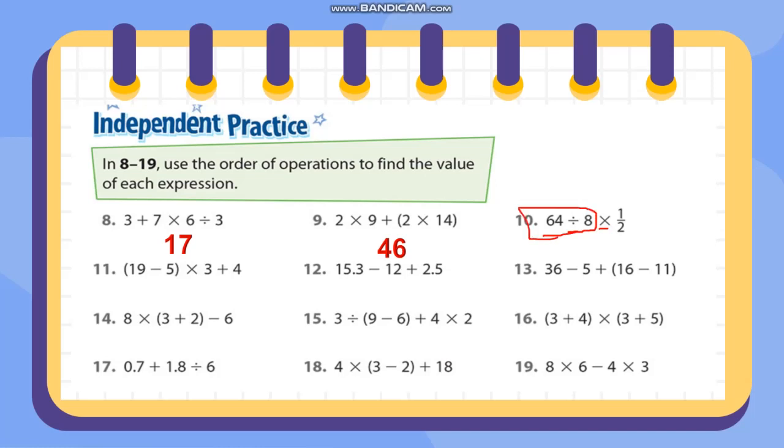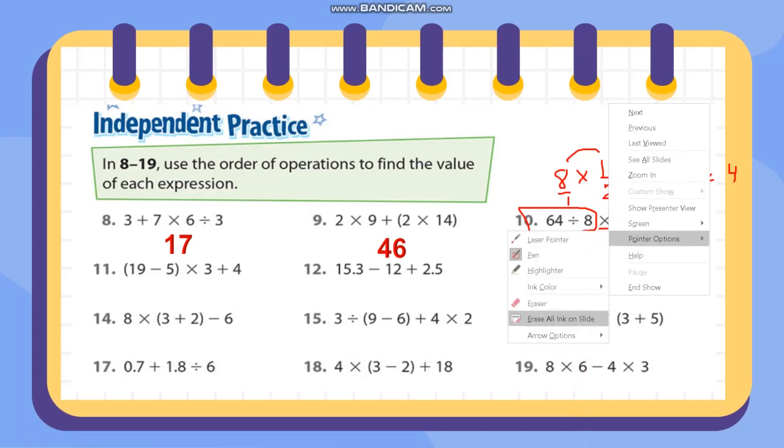So 64 divided by 8 is equivalent to 8. Then 8 multiplied by 1/2. So what is 8 multiplied by 1/2? So you need to put over 1. So 8 multiplied by 1 is equivalent to 8. Then 1 multiplied by 2 is equivalent to 2. And 8 divided by 2, that is equivalent to 4.